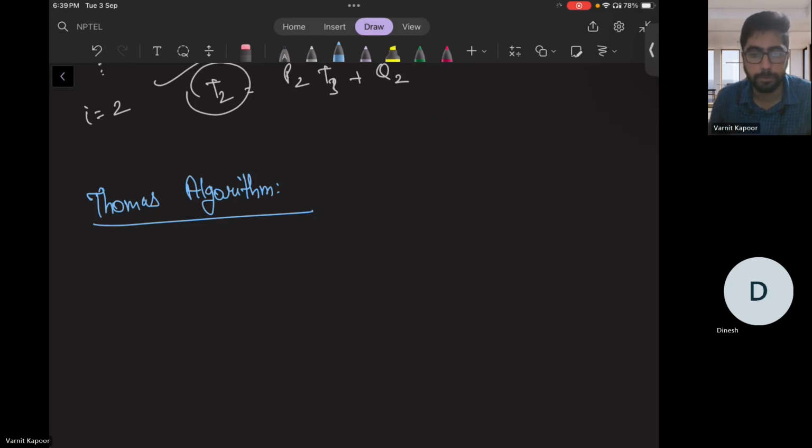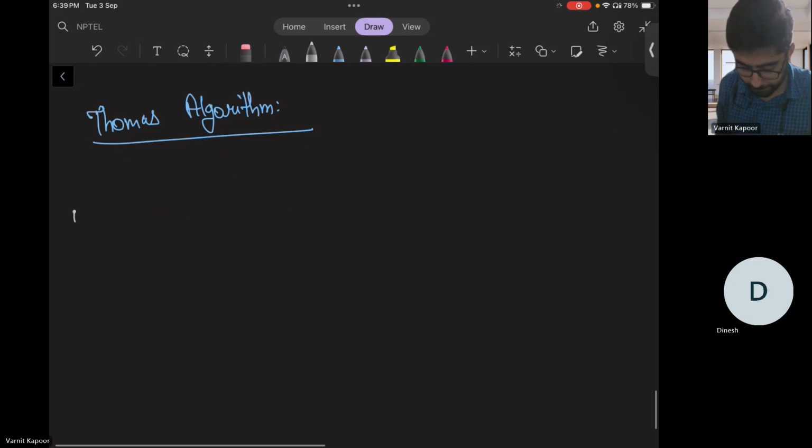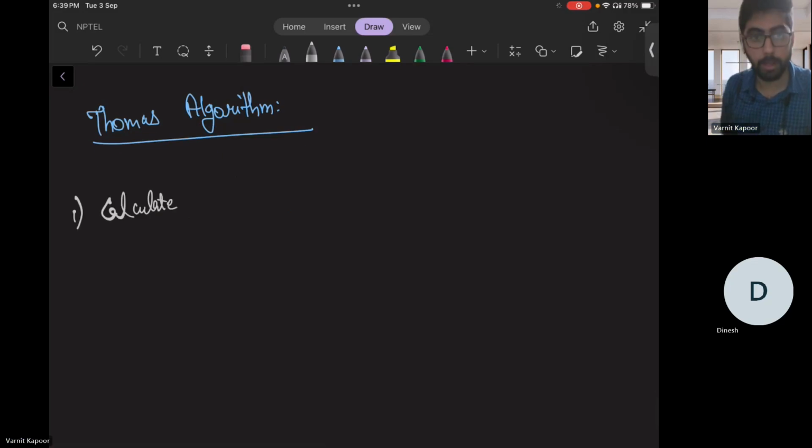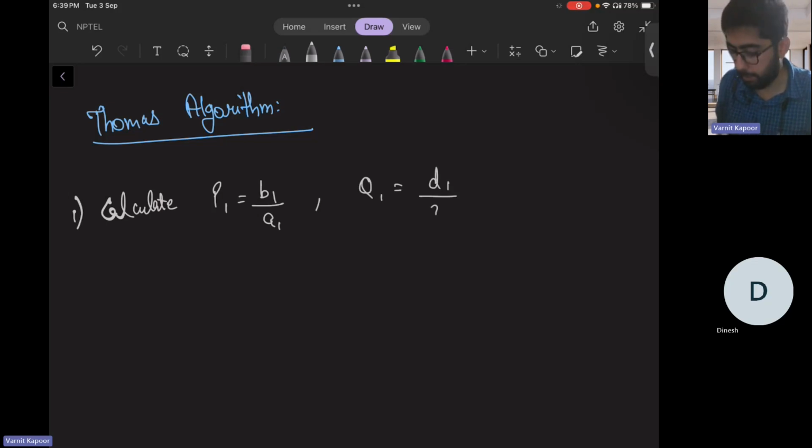Now, I was writing the complete algorithm. So what we do first, the first point was we calculate P1 and Q1, the coefficients. P1 is nothing but B1 over A1, and Q1 is nothing but D1 over A1.